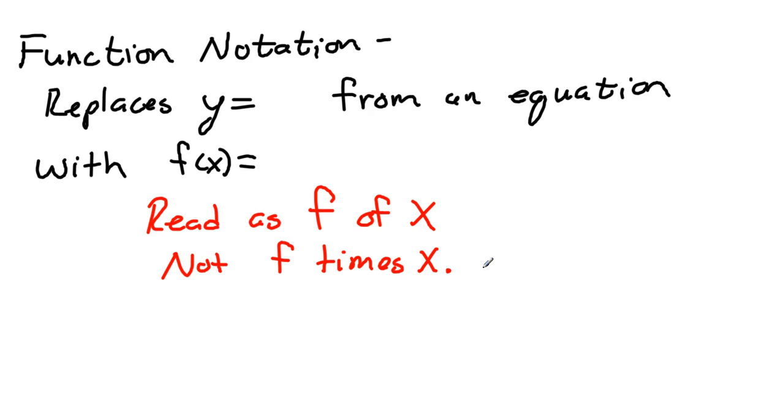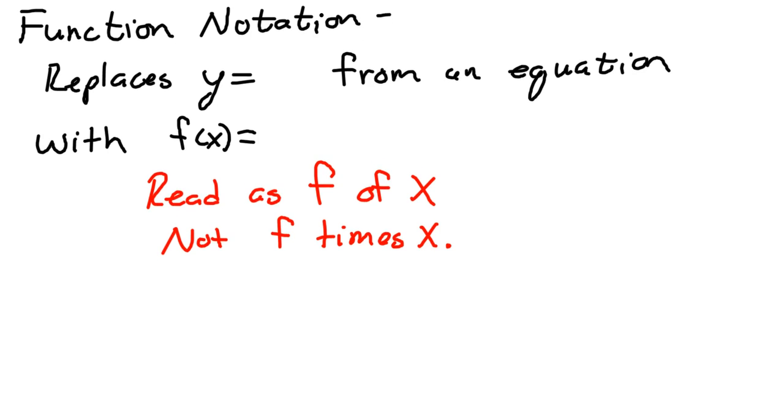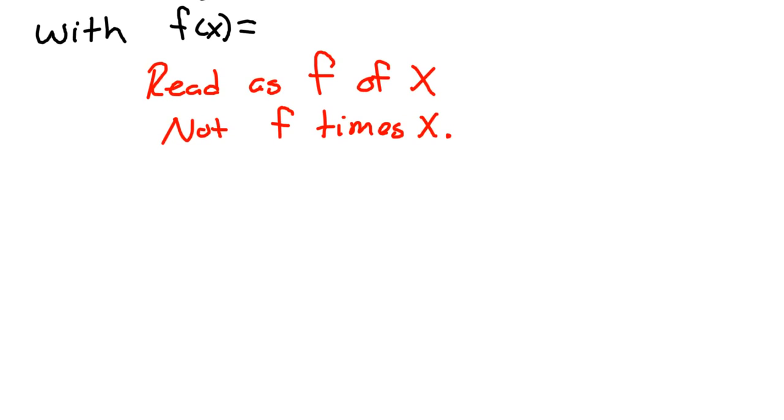Okay, and then the first thing they're going to ask you to do is give you a function and a table of values, and say, here's this particular function, just fill in this table of values.